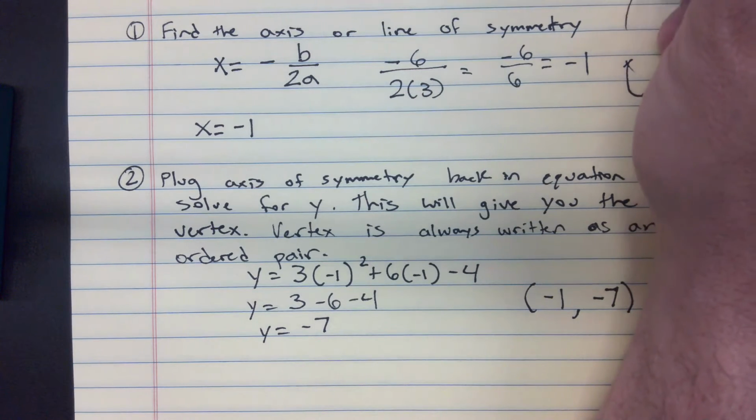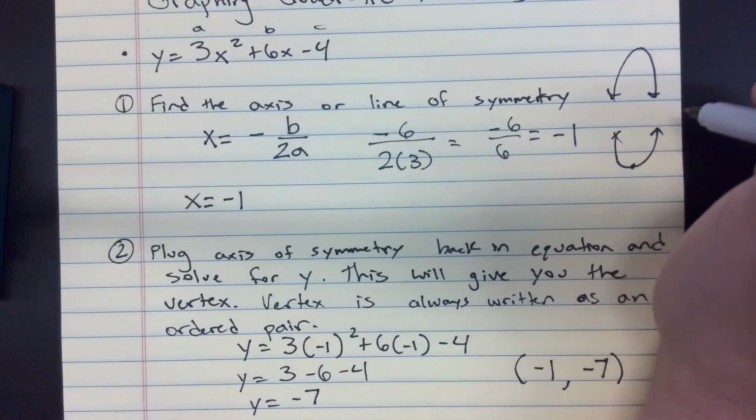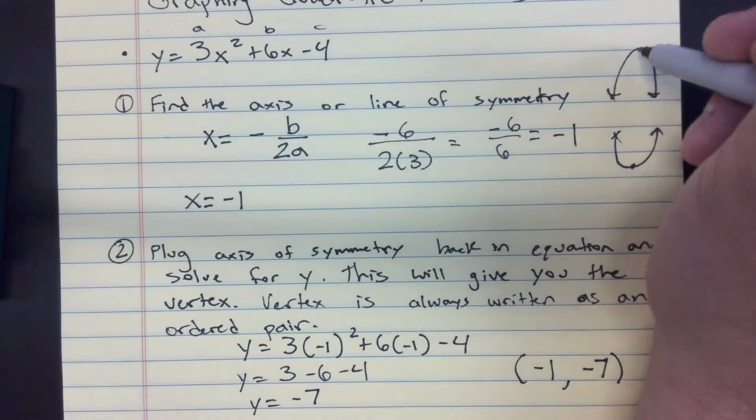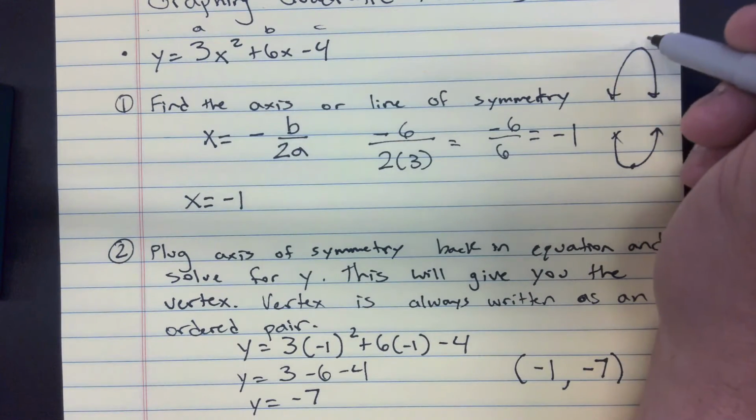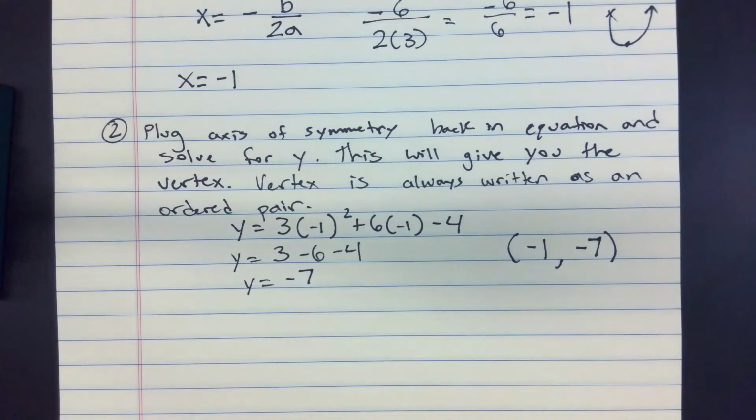Same thing if you have an upper parabola: the vertex would be up here, right where it starts to change direction from increasing to decreasing. So the vertex is the point where the graph changes direction. Questions?